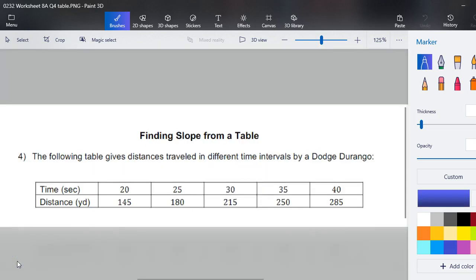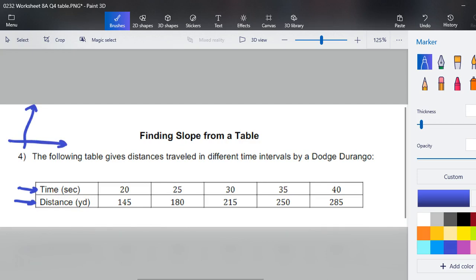Here's the table for question 4. The following table gives distances traveled in different time intervals by a Dodge Durango. Here's the time in seconds and the distance in yards. I'm looking at part A, and it says we will use time for our x variable and distance for our y variable. So it helps my brain to actually see that.